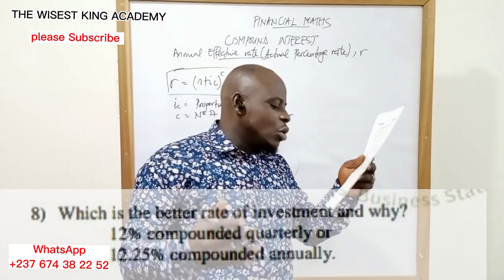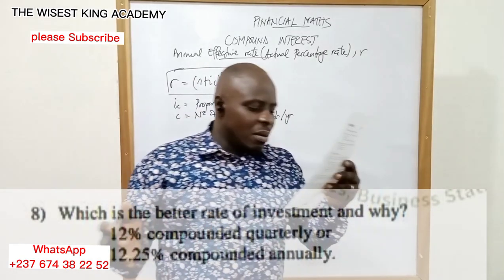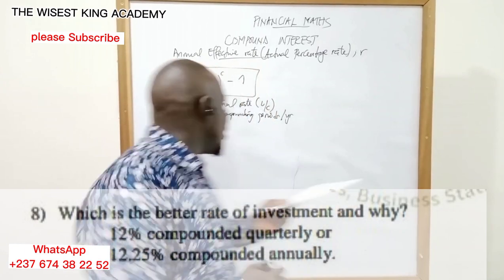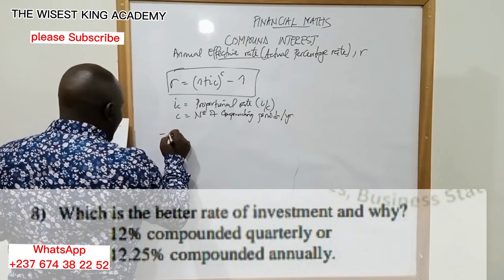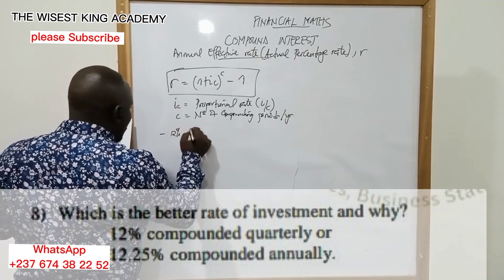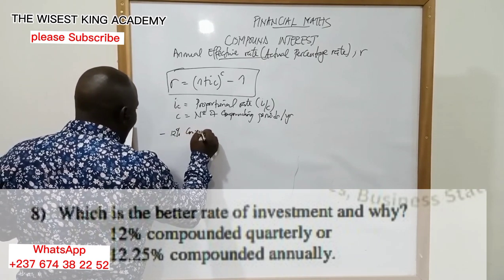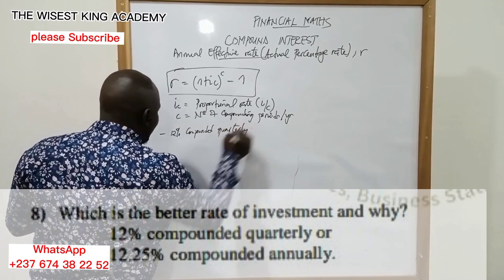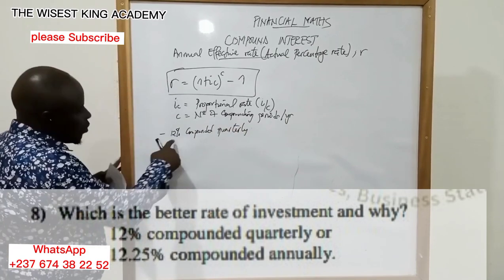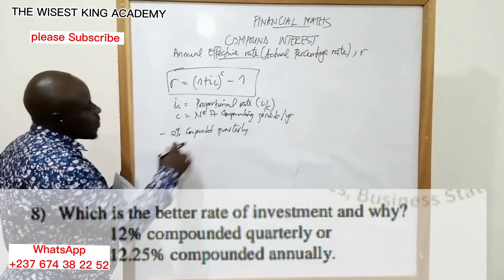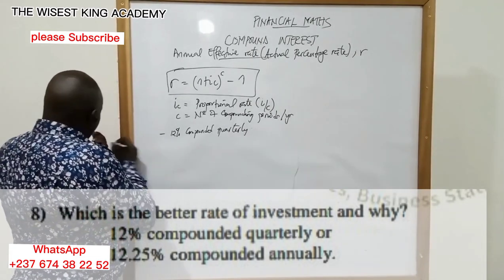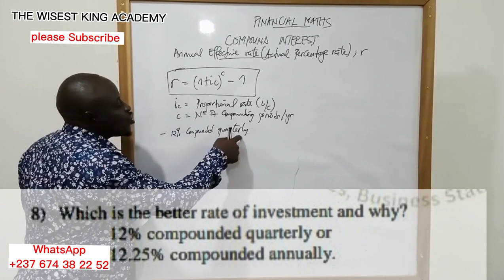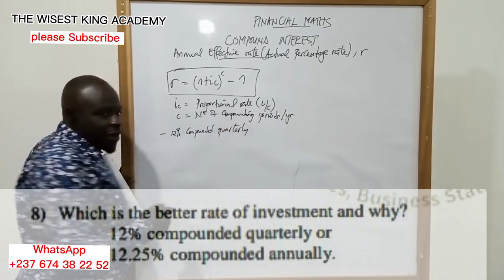Now, the first one, 12% compounded quarterly and 12.25% compounded annually. The first one, let's take 12% compounded quarterly. Here, 12% is the annual rate, though compounding is done 4 times per year, that's every quarter.